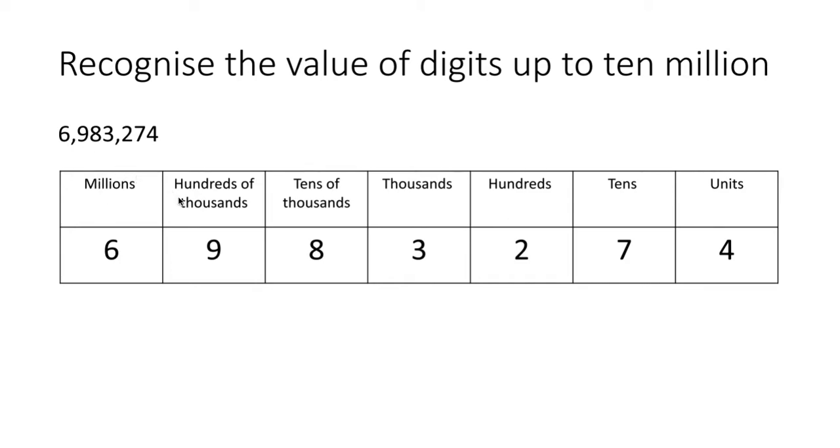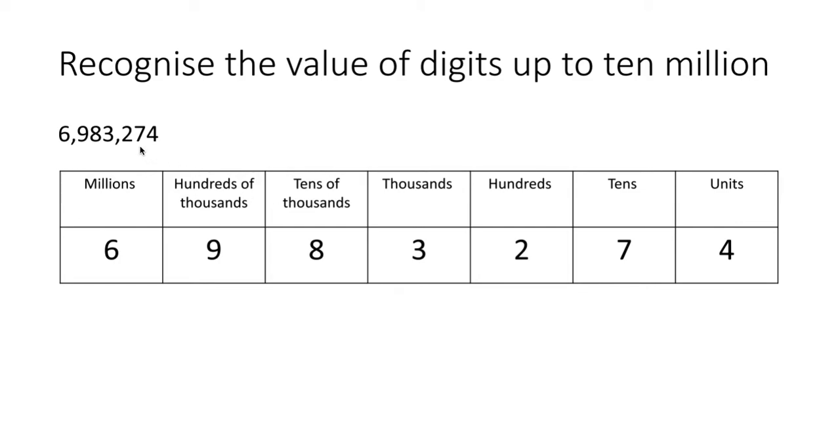The 9 goes in the hundreds of thousands, representing 900,000. The 8 goes into the tens of thousands, representing 80,000. The 3 goes into the thousands, representing 3,000. The 2 goes into the hundreds, representing 200.